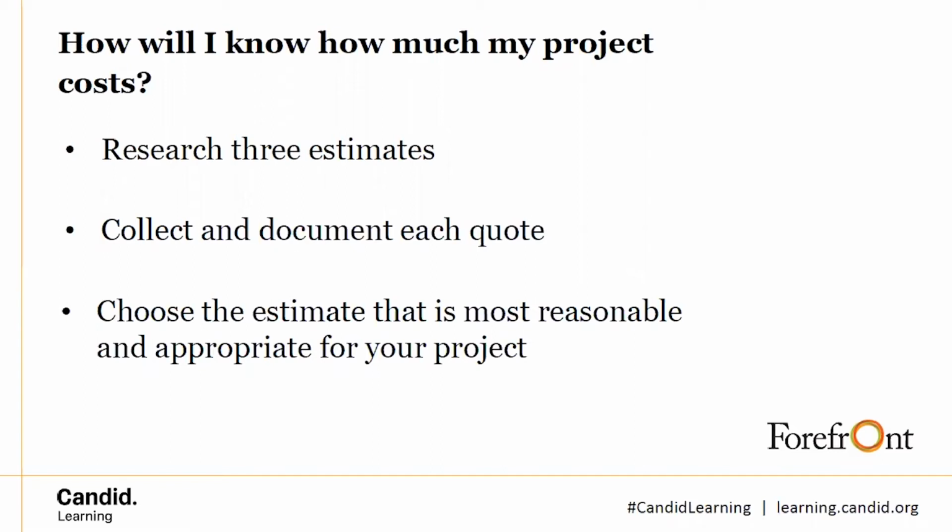The lowest bidder is often the lowest bidder for a reason. You want to make sure that it is still meeting all of your needs. We generally use the phrase reasonable, complete, and realistic. Those are the things to keep in mind when you're looking at estimated costs and what costs you want to reflect.